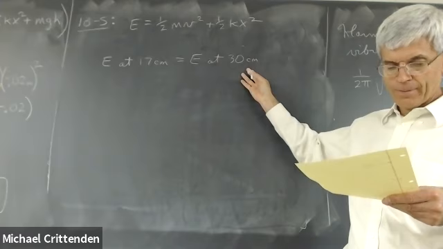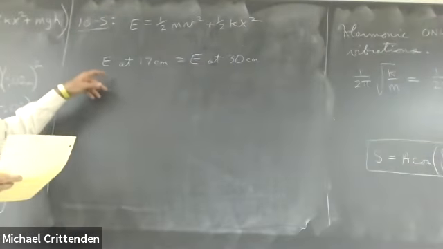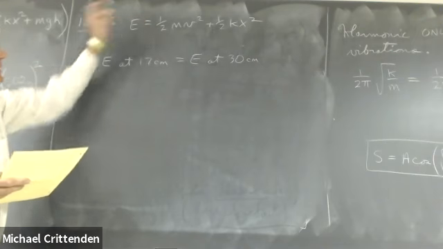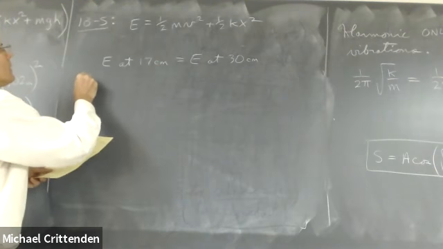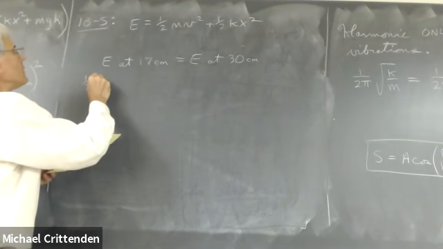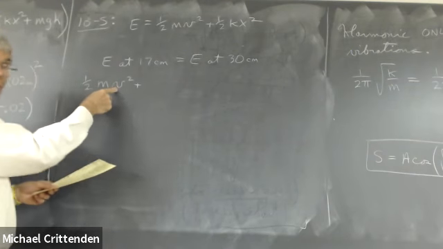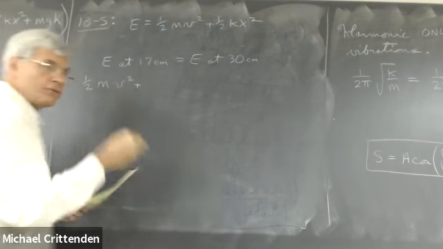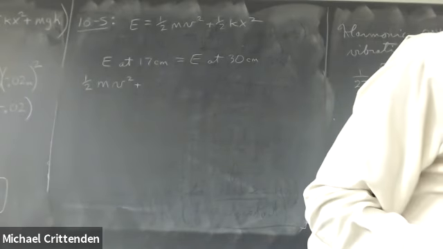Conservation of energy, where each of these E's is given by the thing I wrote above it. So to the left of the equals, 1/2 the mass. This is what we're looking for. The question says, find its speed when 17 centimeters from equilibrium.